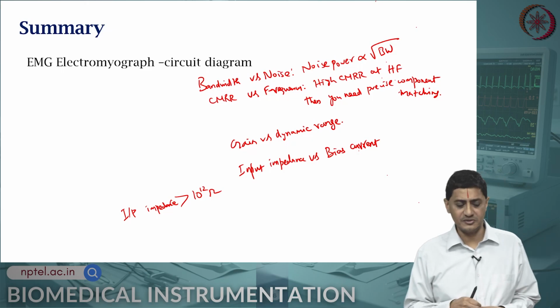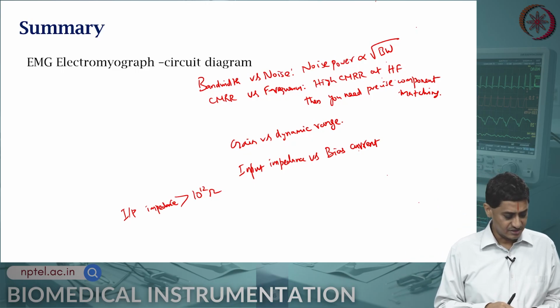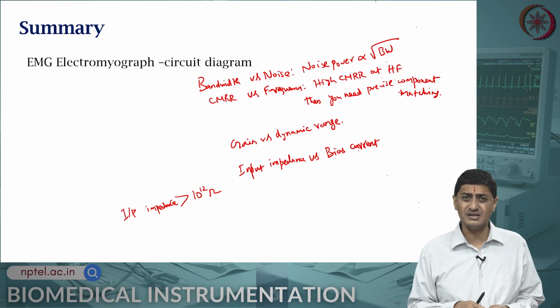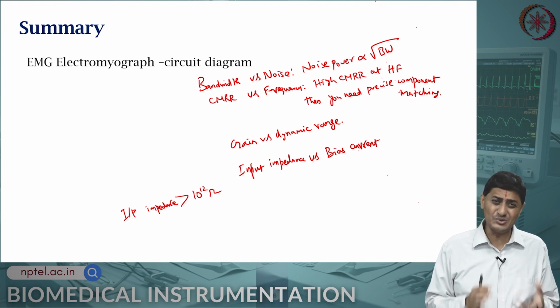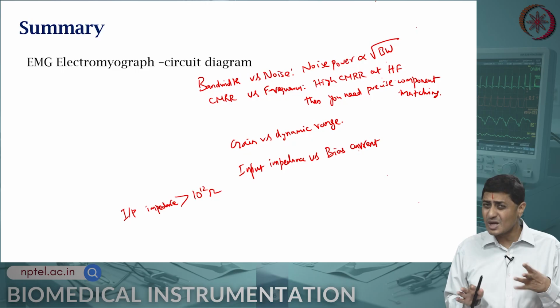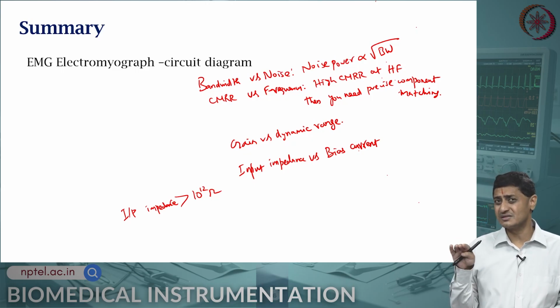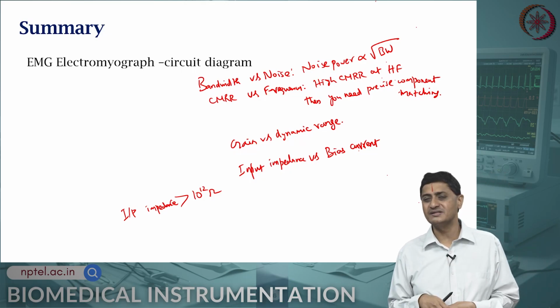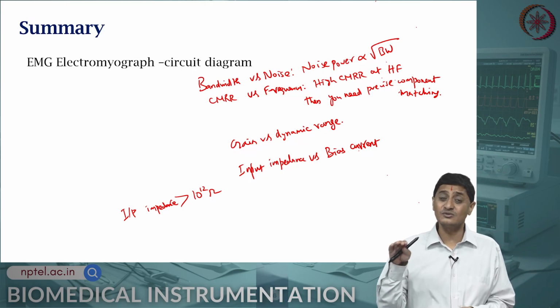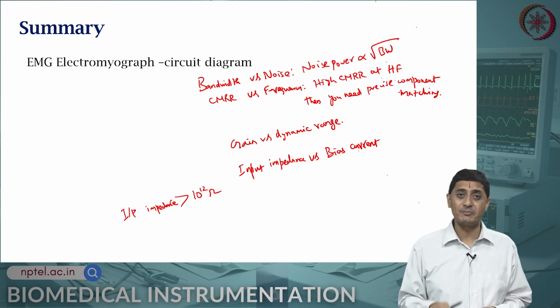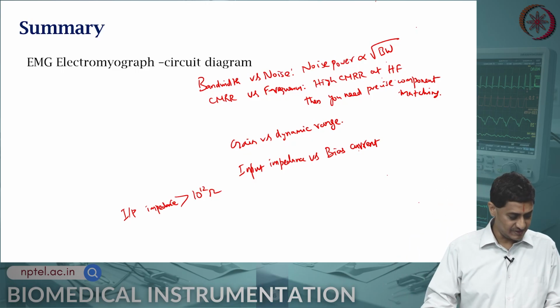Otherwise, you will not be able to achieve this input impedance, because ultra means what? Extremely low input bias current. So, the regular op-amps will not be able to achieve this. So, if you want to achieve high input impedance, a critical criterion is that your op-amp should have extremely low input bias current, something to keep in mind.